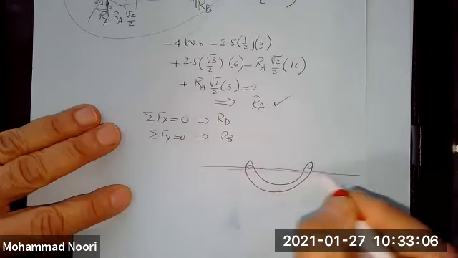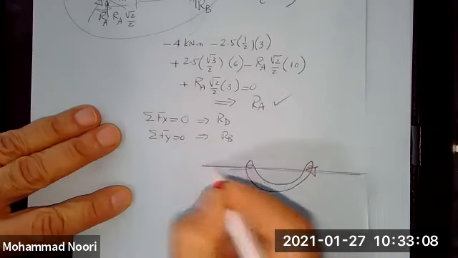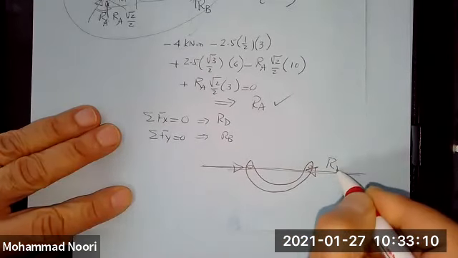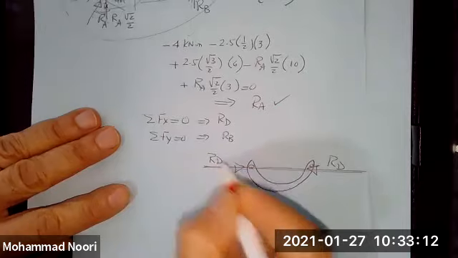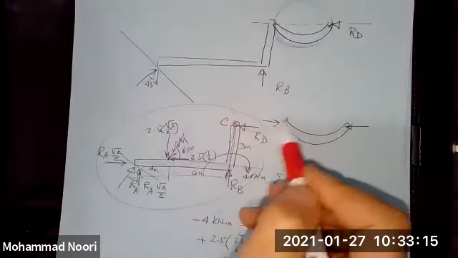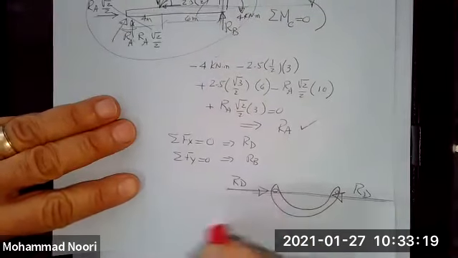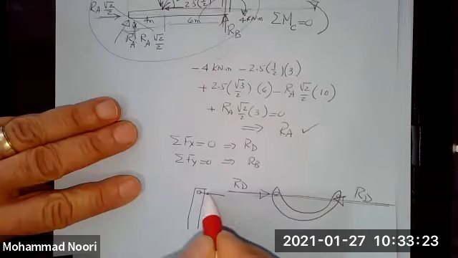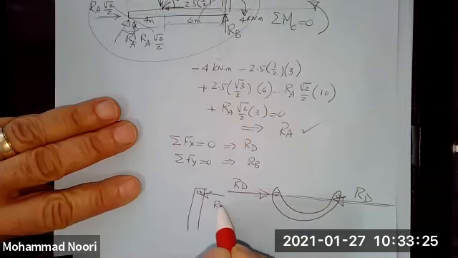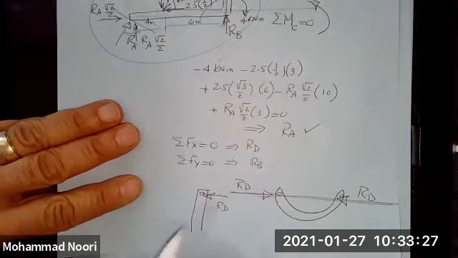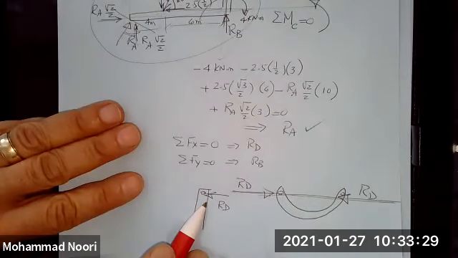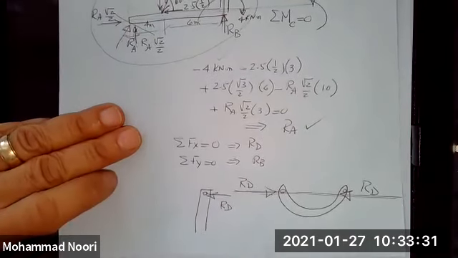So for that to be in equilibrium, you can only have these forces. I call them RD and RD. So at the point of connection of these two, by the law of action and reaction, you will have a force equal to that and opposite in direction. That's why you have only one unknown here. Did I answer your question? Yeah, I think so. Thank you.